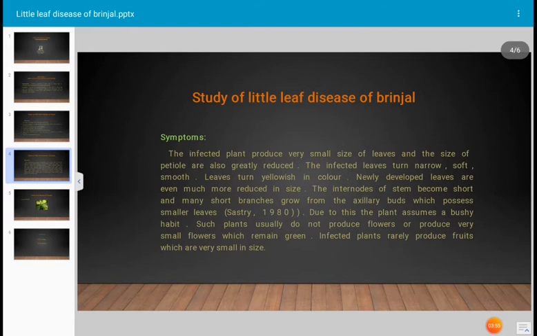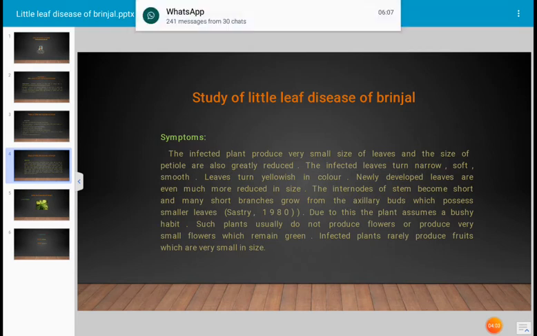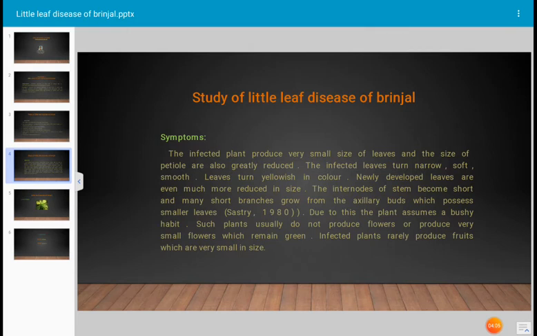And what you have to write about the museum specimen of little leaf of brinjal: just observe the infected brinjal, infected by phytoplasma or mycoplasma, and note down the details. What you have to note is just the symptoms of the disease. The infected plant produces very small leaves.